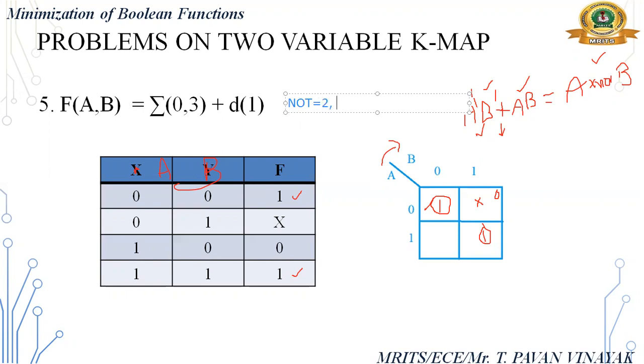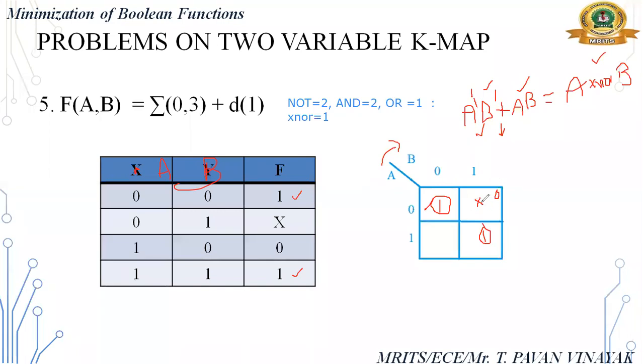AND gates 2, OR gates 1. Otherwise XNOR is a single XNOR gate. Using basic gates means we require total how many gates? 2 plus 2 plus 1, 5 gates we require.